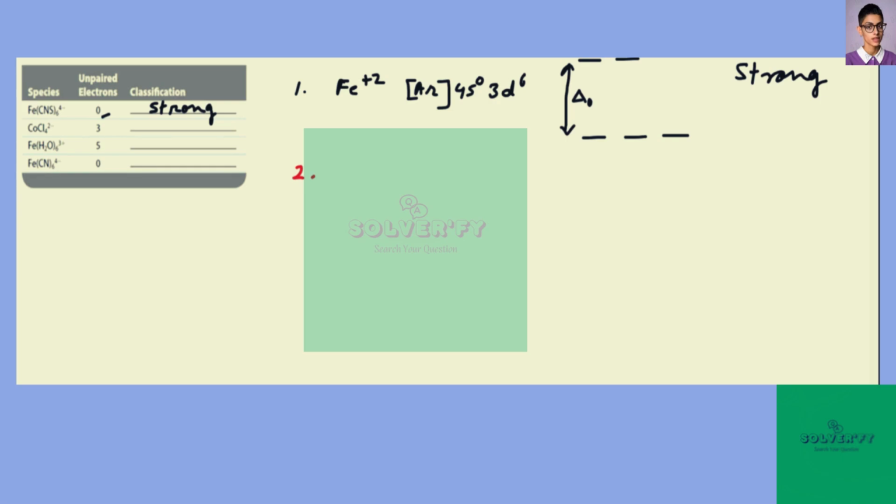And in the second case, a cobalt complex is given and coordination number is 4. So cobalt is also at +2 oxidation state.